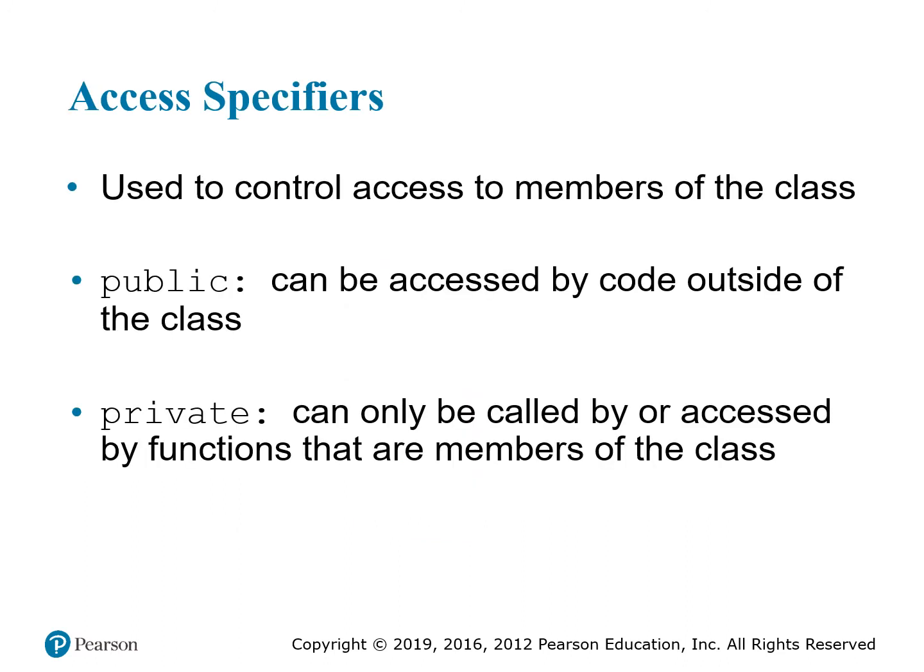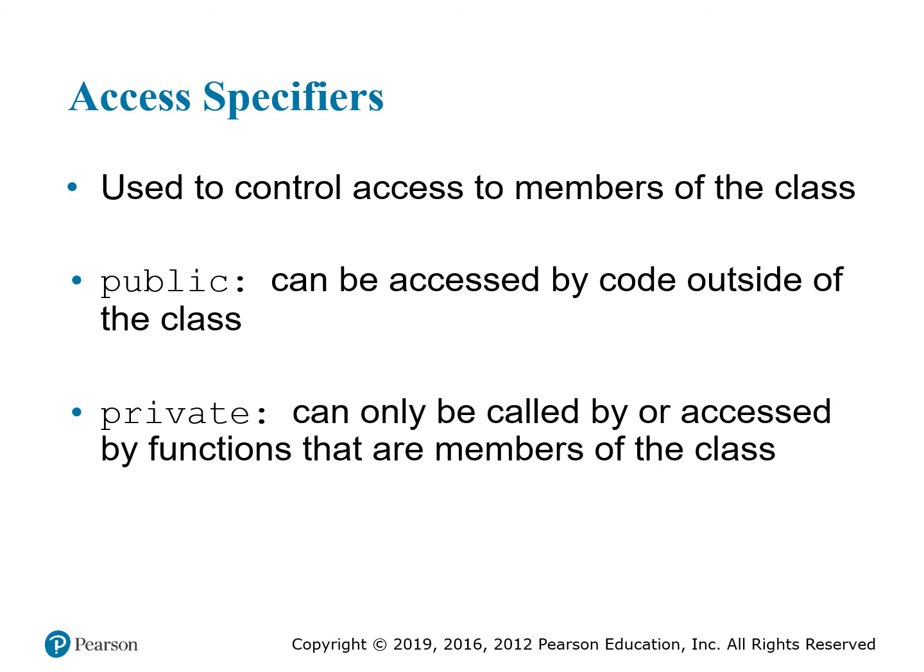Okay, so first let's talk about the public and private. These are called access specifiers or access modifiers. They're used to control access to members of the class. If it's public, then any code outside of the class can access that member. So that's usually reserved for our member functions, our methods that we've written to be public.